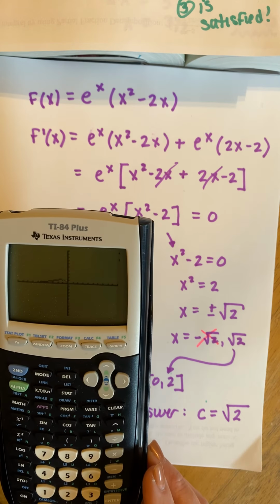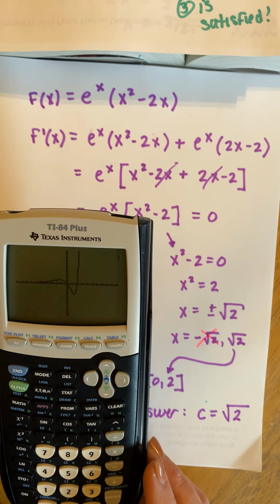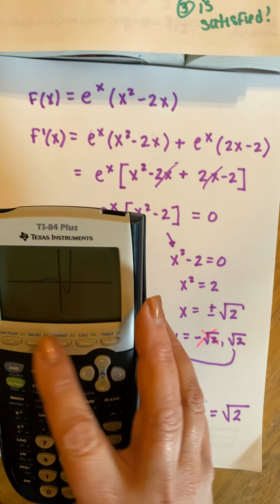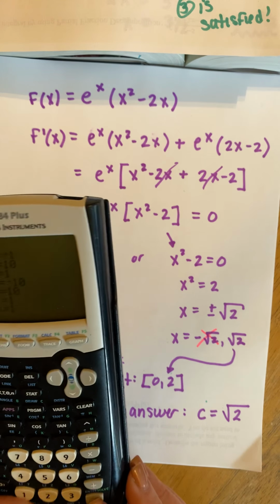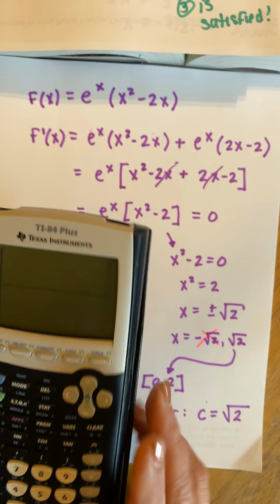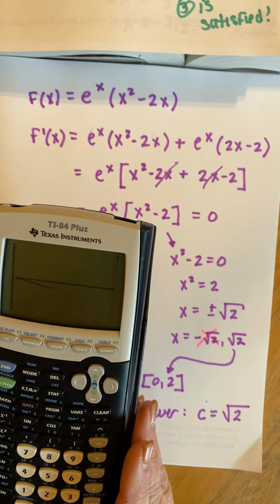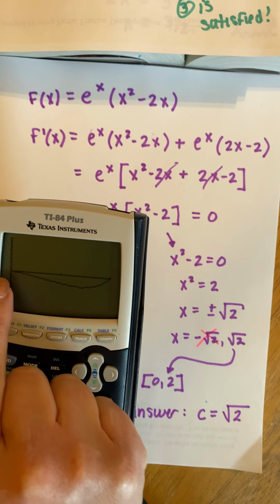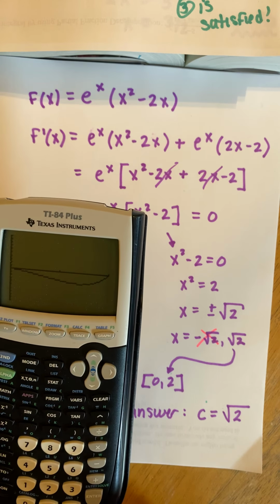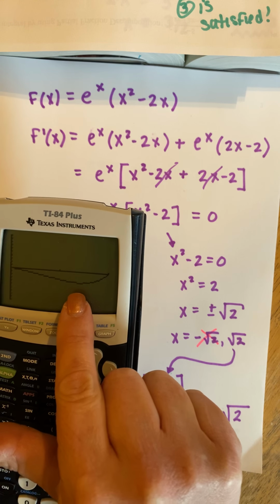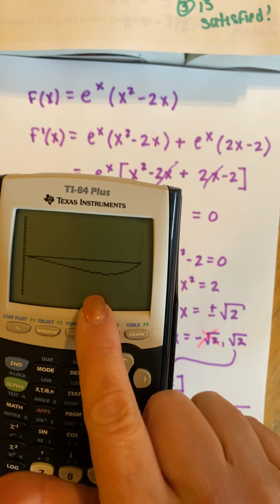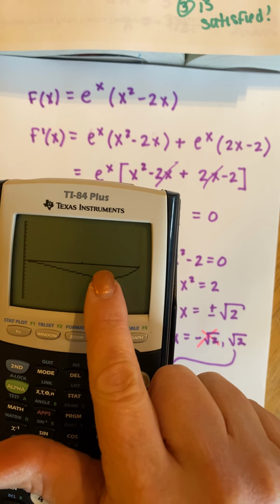Not sure what information this is going to give us. Woo, look at that. All right, so now let's go. I'm going to do my window. I'm going to only look at this between 0 and 2 because that's our interval of interest. So at 0, it goes down, and right there, the output at both endpoints is the same. And right here, it's a place where the derivative is equal to 0. And that x coordinate right there is going to be the square root of 2.